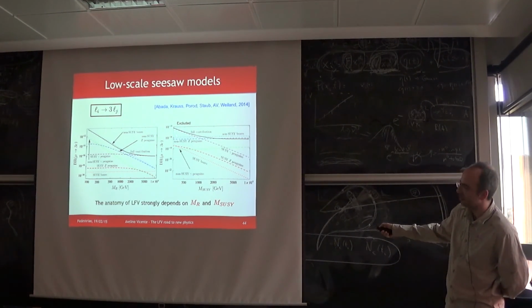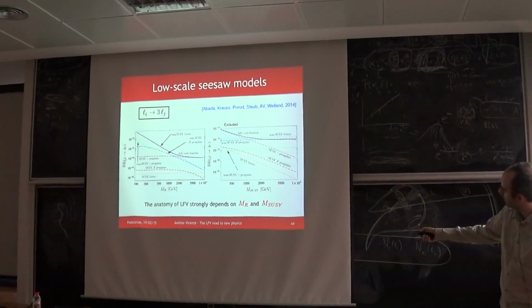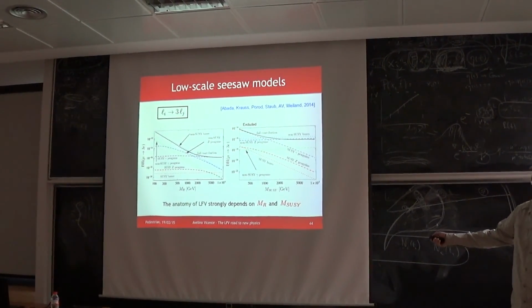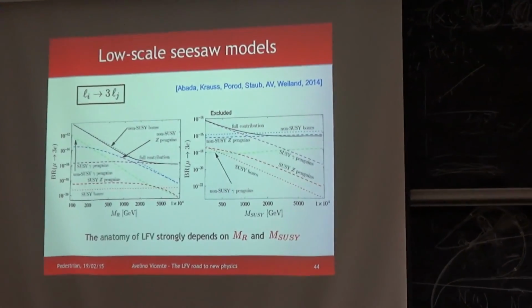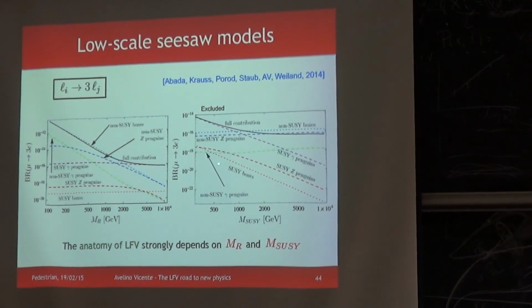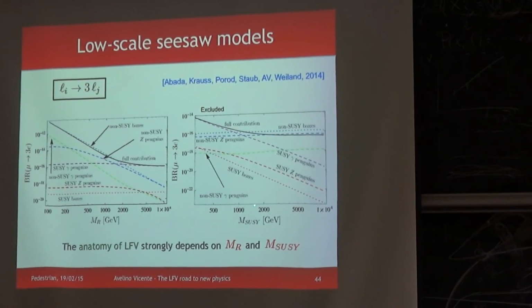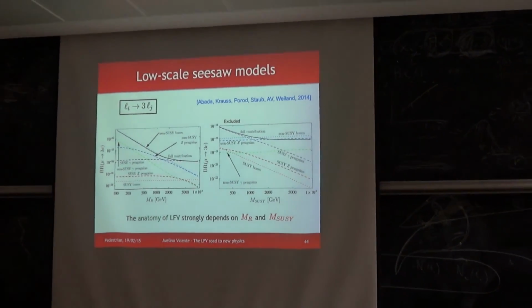Everything which is on the left of the gray band is excluded already, because it would imply very light supersymmetric particles, and they have been looked for, and we didn't find them. So in principle, if you are here, yes, you are at the edge.